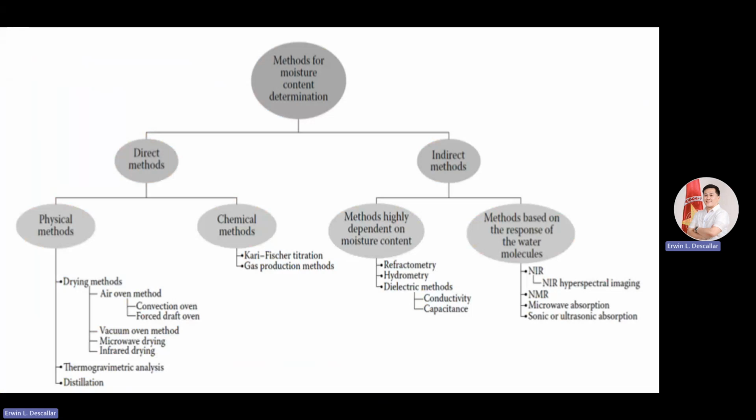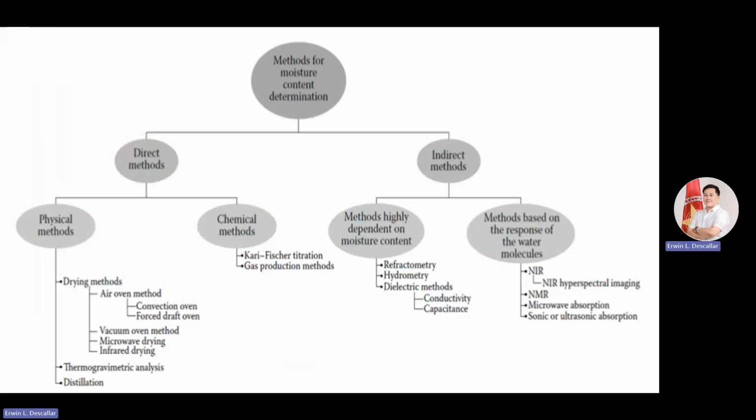So, sir, microwave drying, can we just use a microwave oven to dry our food sample? The answer is no, because the microwave is just a preliminary step and not complete drying of the sample. Kasi class, di ba, kapag microwave nyo yung isang bagay, hindi nyo ba napapansin, mas madaling nag-ooze out yung tubig after nyo siya i-microwave.